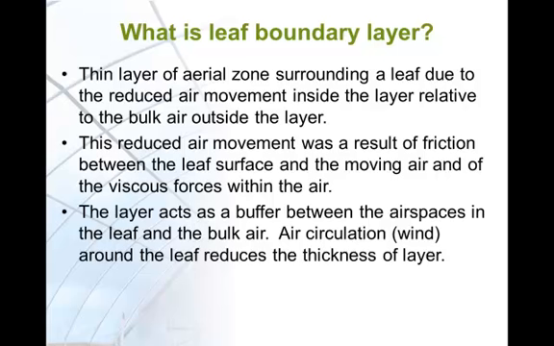This reduced air movement is a result of friction between the leaf surface and moving surrounding air, and of the viscous forces within the air. And the layer actually acts as a buffer between air spaces in the leaf and bulk air.